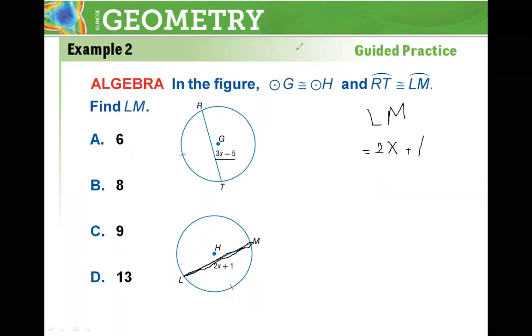I have a variable on each side, so I need to remove one of them. I choose the smallest one, minus 2x, and then it cancels on both sides. So 3x minus 2x equals x, and x minus 5 equals 1. Thanks, Mazen.